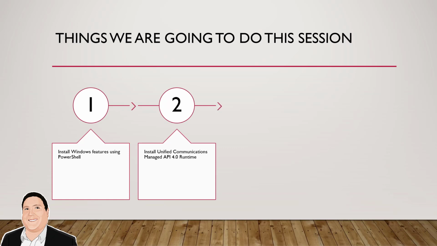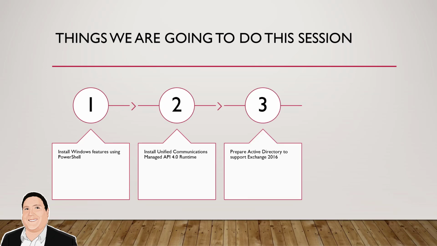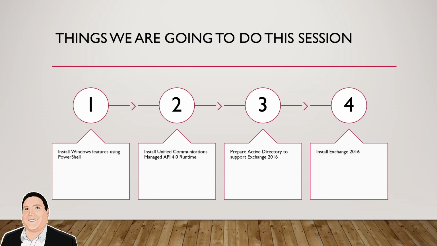Again, these first two parts are the prerequisites required to support Exchange. Then we're going to extend the schemas and get your Active Directory environment ready for Exchange 2016. In part 4 we'll then install Exchange 2016 using the command line.